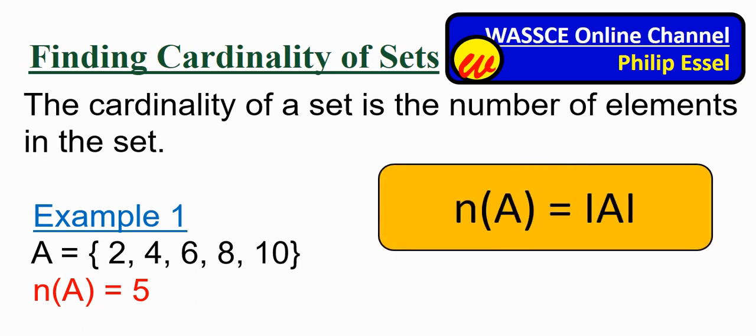Let's note that the cardinality of the set A, which can be written as n(A), can also be written as |A|, as shown on the screen.